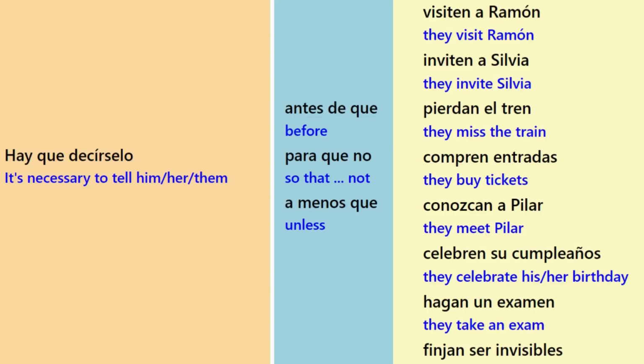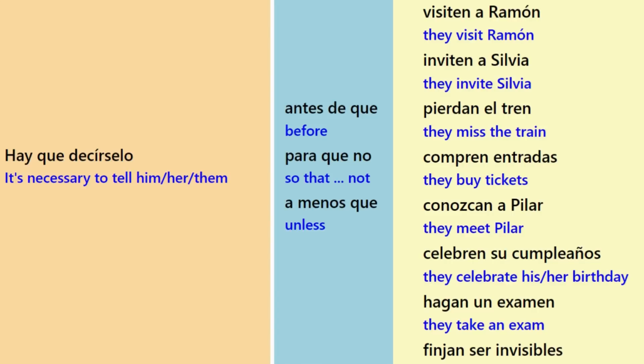Hay que decírselo antes de que inviten a Silvia. How about you need to tell them unless they miss the train. Hay que decírselo a menos que pierdan el tren.